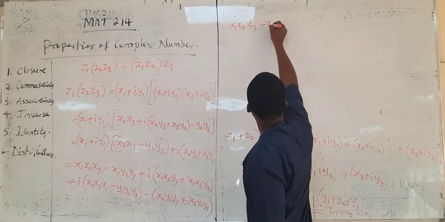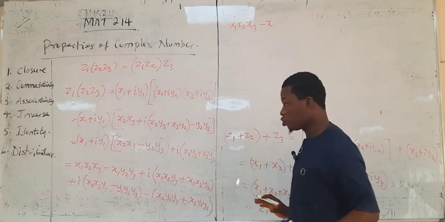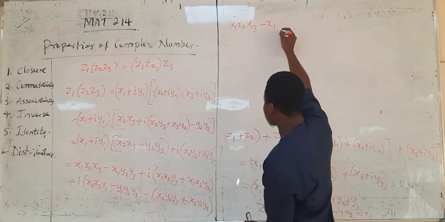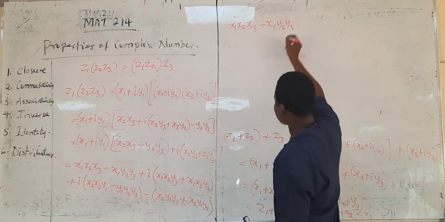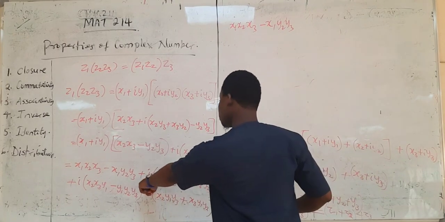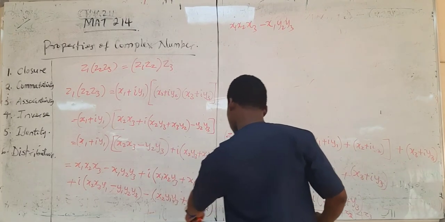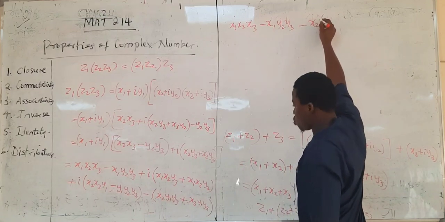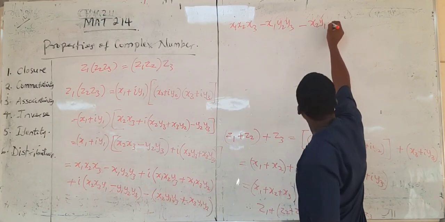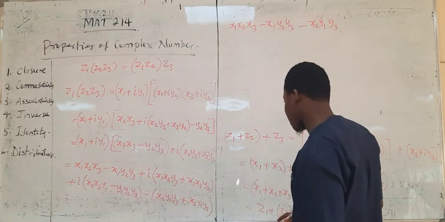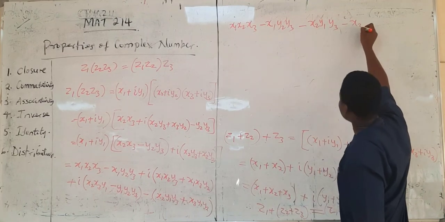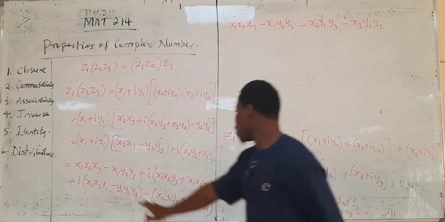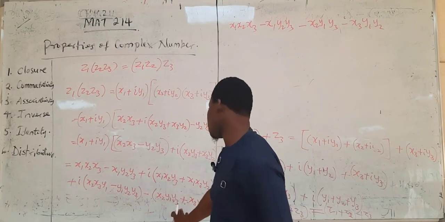Minus x1, let's open brackets all through and see what we can collect: minus x1, y2, y3, minus x2, y1, y3, minus x3, y1, y2. So we're done with this and this.